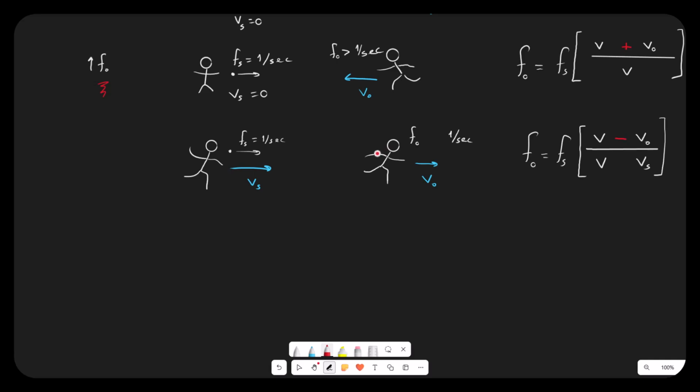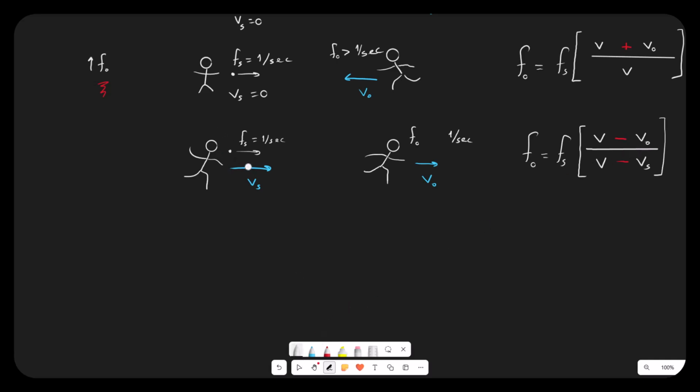Next, I'm going to hold the observer stationary. If the source is running at the observer, then my frequency will increase. To get the frequency to increase, I need the bottom of my fraction to be getting smaller, so I need a minus on the bottom of my fraction. So all I did was cover up the one and look at the other, then cover up the other and look at the one, and I can put those pieces together.